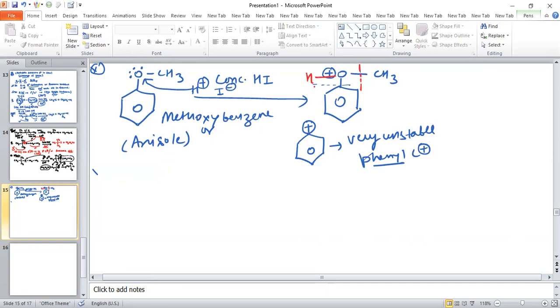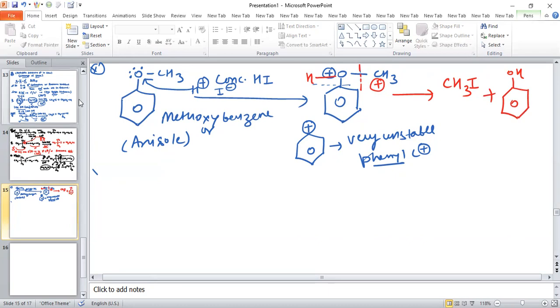Hydrogen on this oxygen is also there, so we will break the bond in this way. The final product obtained is CH3, so positive charge on this carbon can be stable. So this will be CH3I, and we obtain phenol as a product. So this is the way in which cleavage of bond occurs.